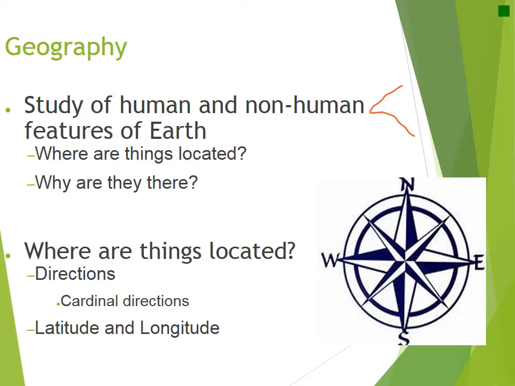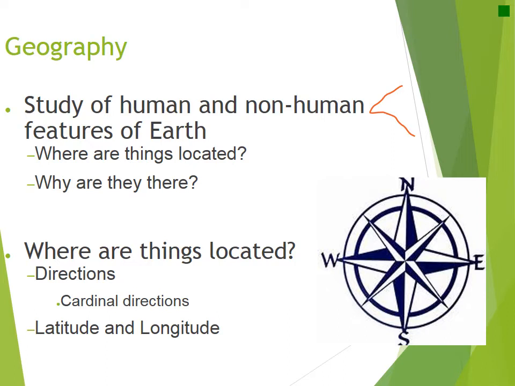Well, there could be a bunch of different answers for that, but those are the answers we have to get to be able to understand the geography of it. Or why is that restaurant located on that busy street? Okay, some things are a little more obvious, some things are a little more difficult to figure out. So we'll be studying these two questions and how we truly answer them.